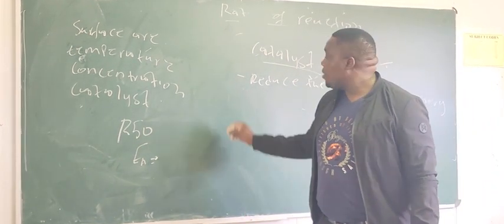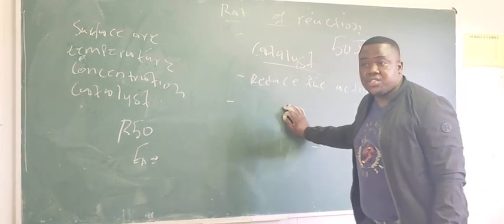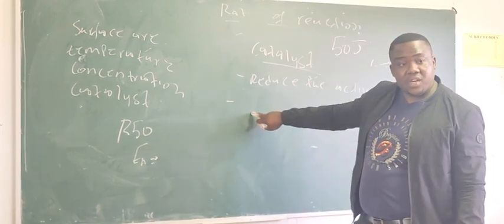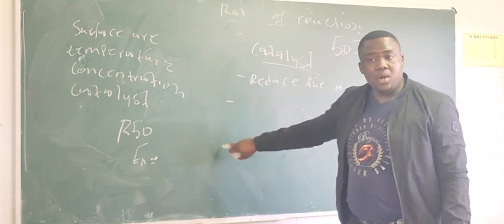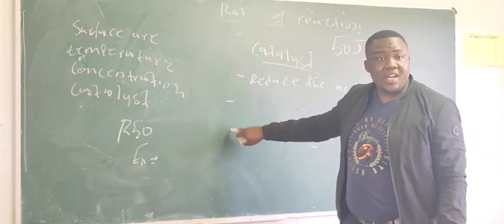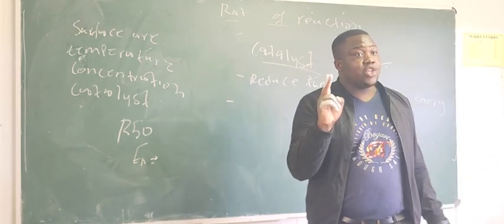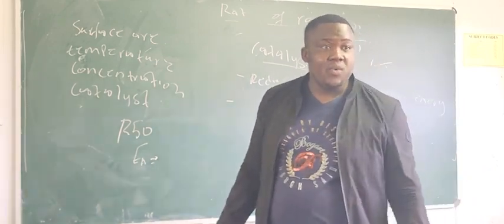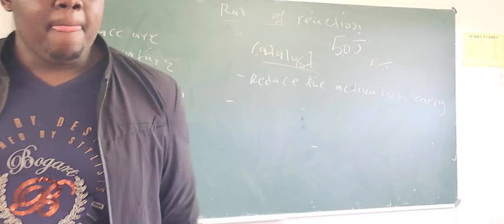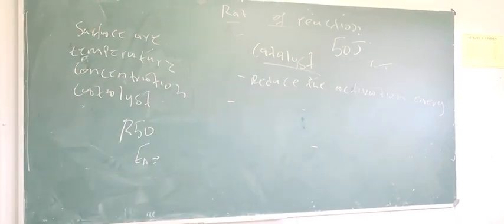When the activation energy is reduced, there will be many effective collisions per unit time. Many molecules will have kinetic energy greater than the activation energy. And I told you, we always write them. We are good?